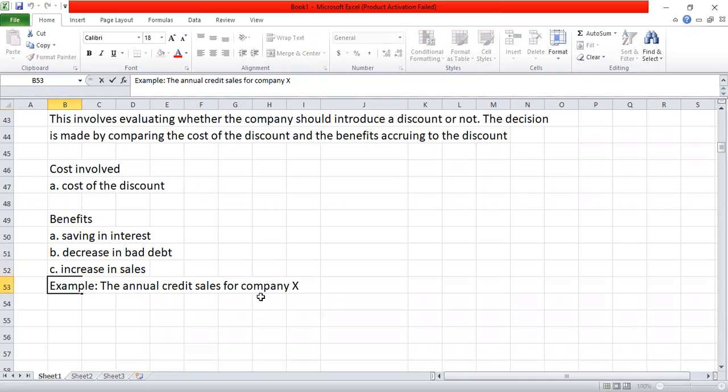So the annual credit sales for company X is 50 million, and the credit policy is 30 days.